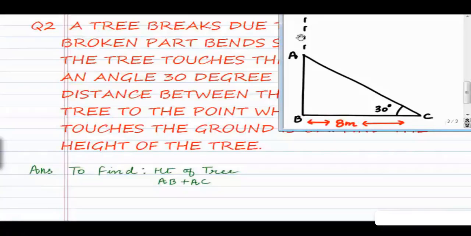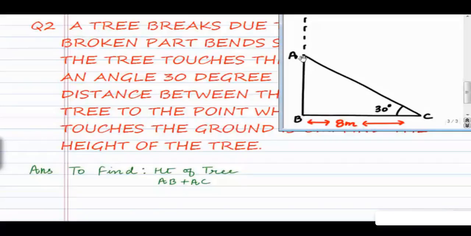Due to a storm, this tree breaks down and the broken part of the tree touches the ground, making an angle of 30 degrees. And the distance between the foot of the tree and the point where the tree touches the ground is 8 meters. We have to find what was the original height of the tree.